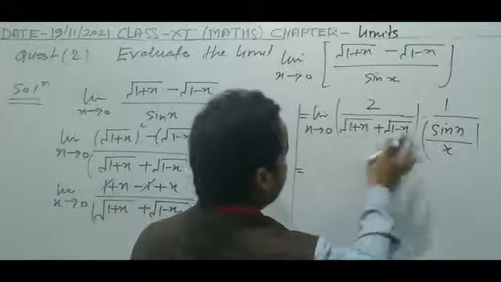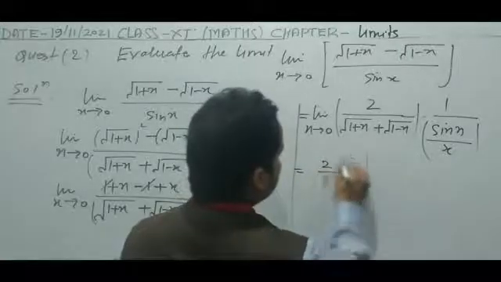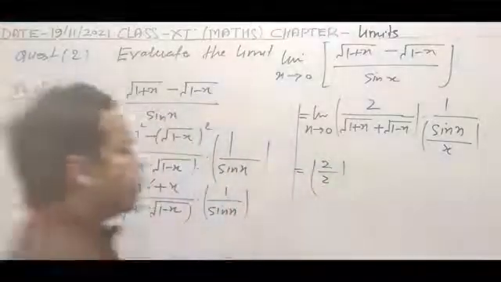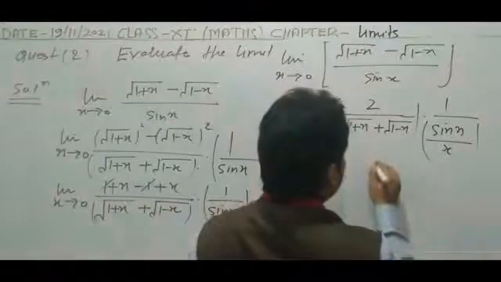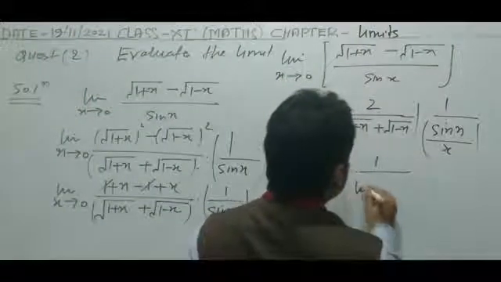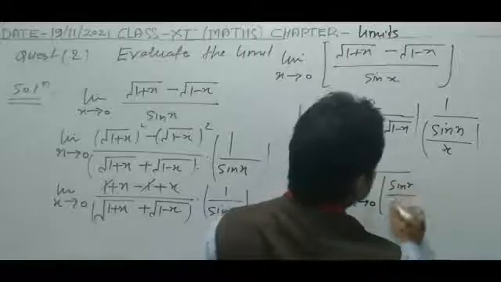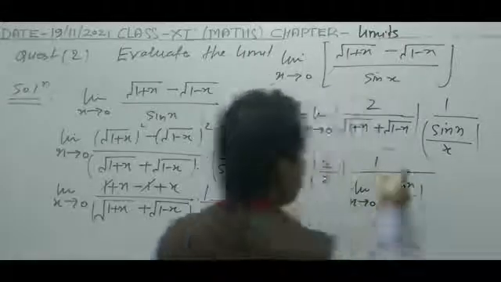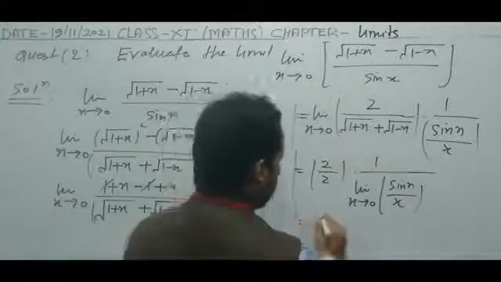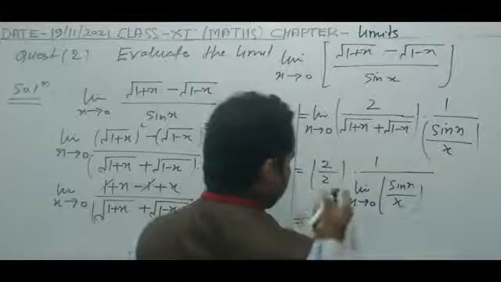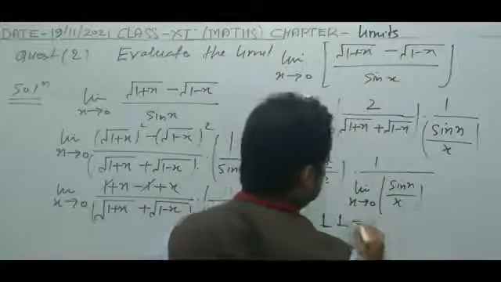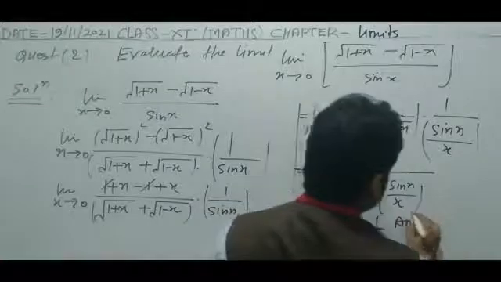So root 1 means 1, 2 by 2 will be here. And with 1 upon limit x tends to 0, this is sin x upon x. Now this will be also 1. So 2 by 2 will be 1 and this result will be 1. So result will be 1. This is the answer.